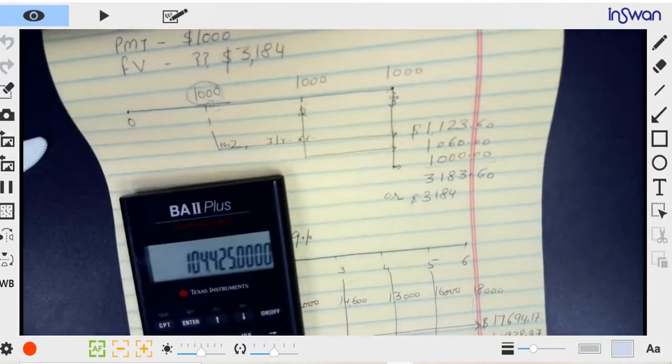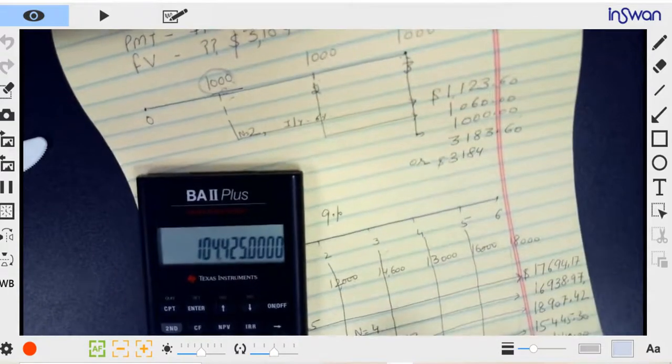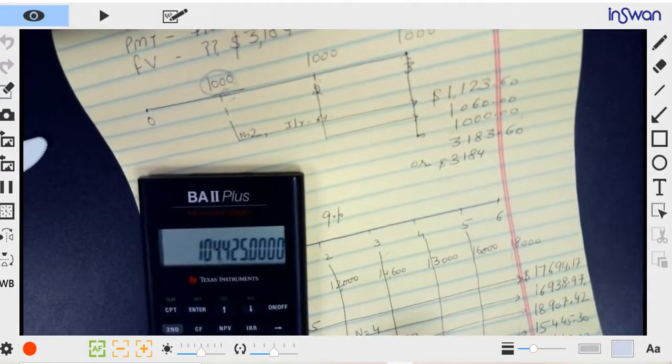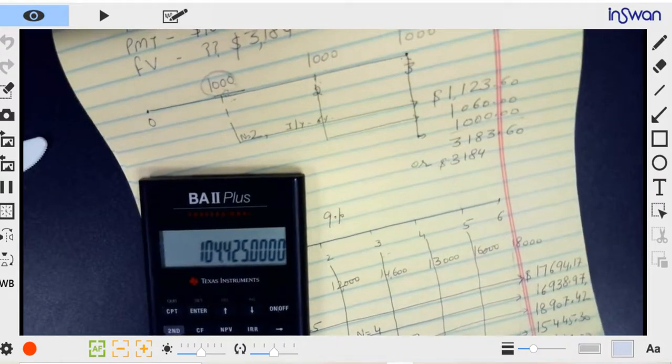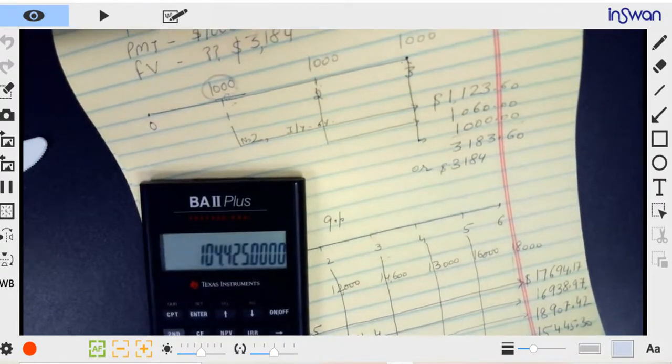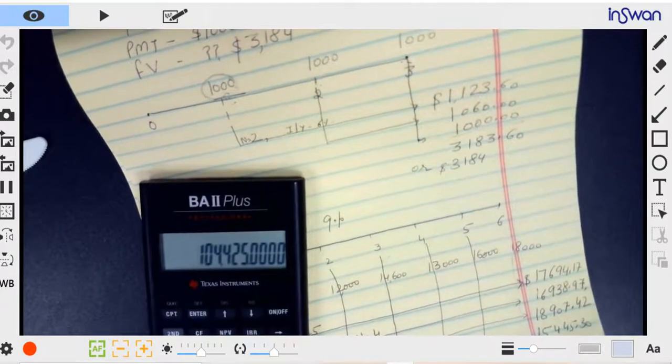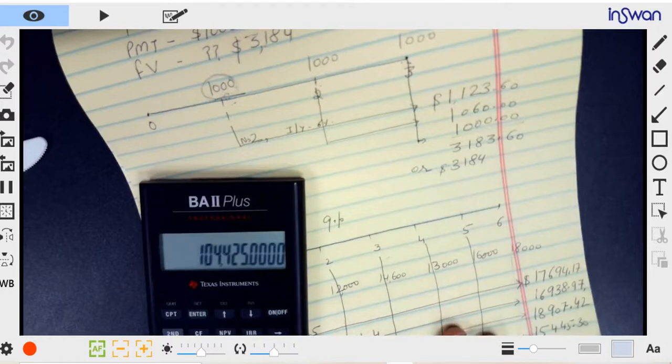It gives us the future value of approximately 104,425. Okay, so this is one way to solve this problem.